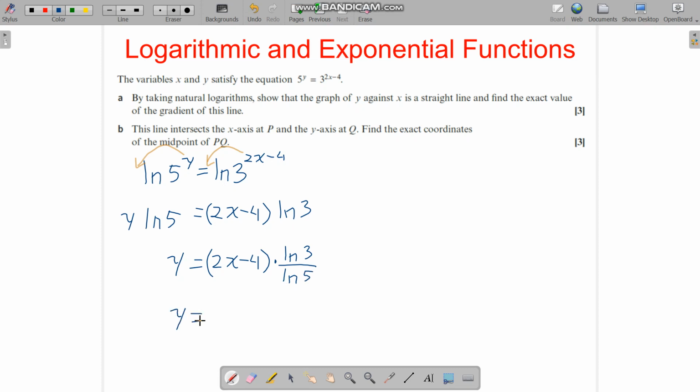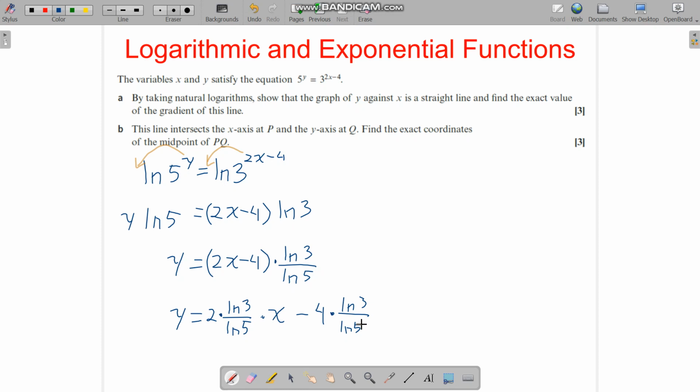That is equal to 2 times ln 3 over ln 5 times x minus 4 times ln 3 over ln 5.